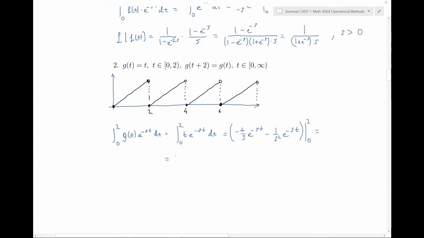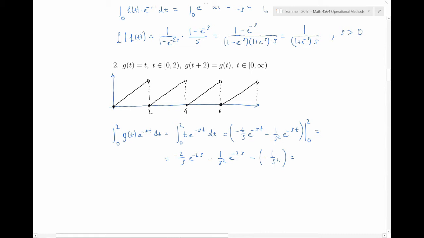And this gives us minus 2 over s e to the minus 2s minus 1 over s squared e to the minus 2s. And when t is 0, minus 1 over s squared. That's what's left of the expression when t is 0.